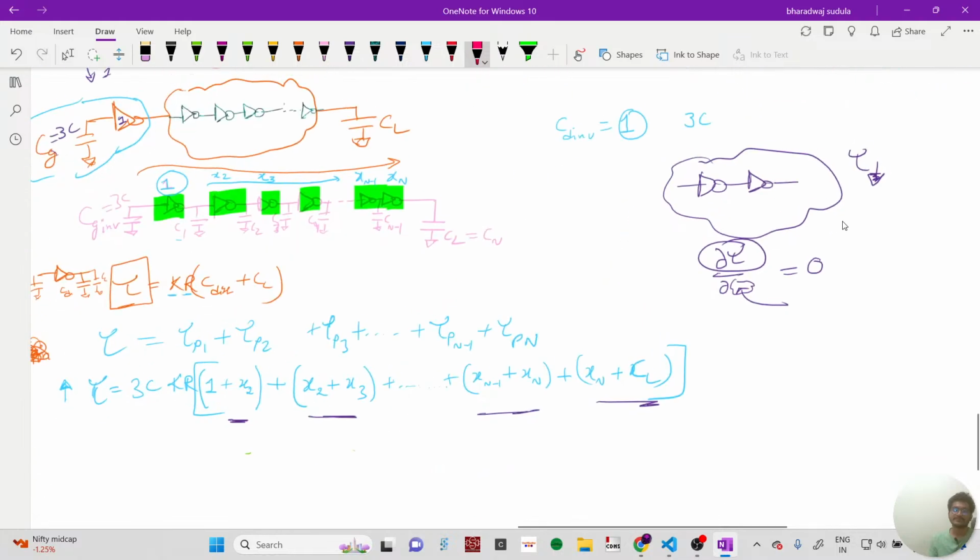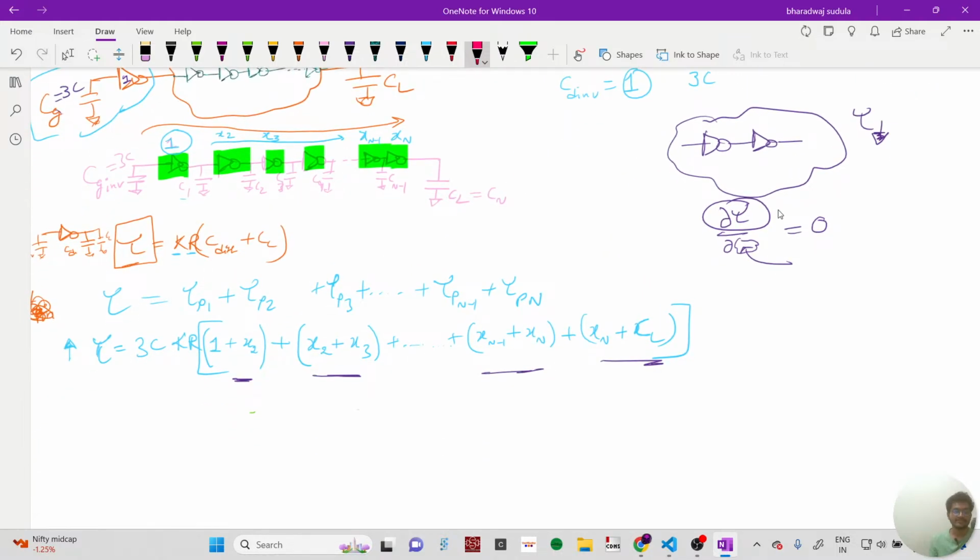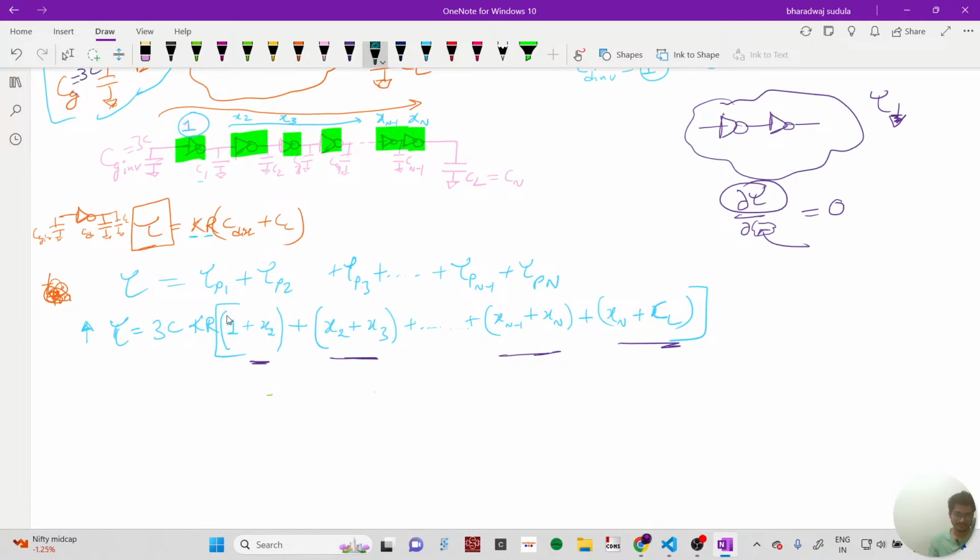So what we can infer from this is that whatever I have written so far, I can write in terms of gate caps. This is the first inverter, so this is actually 1, which we don't care about. This is x2, which I considered as the diffusion cap of the second inverter; I can consider it as the input gate cap of x2.